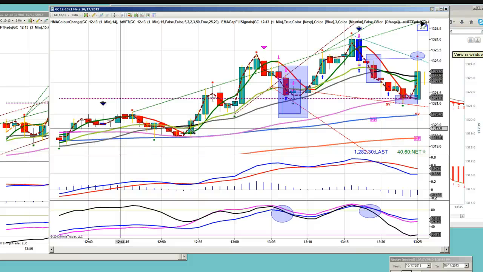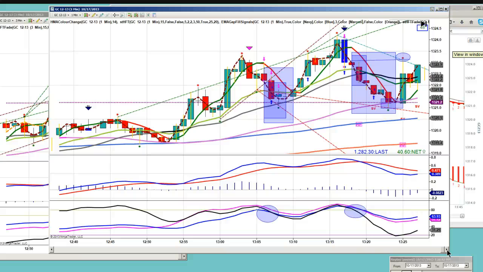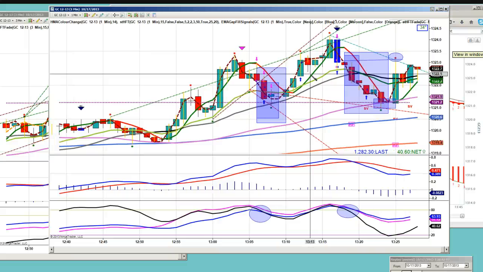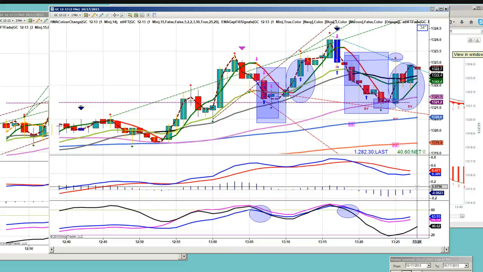But in both cases, they bounced. In this scenario, the price bounced on the 13, where the circle is, and in this scenario, the price bounced on the 50 SMA. Notice they both bounced. How can you measure those bounces as well, aside from the Segredo?